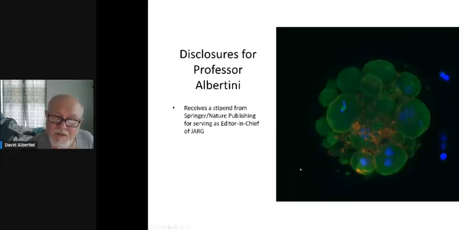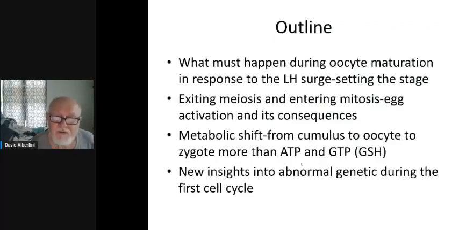The question we're going to explore in this lecture is really one about abnormalities in the fertilization process that contribute to poor development of the embryo, but also have probably an origin in the oocyte. And really, as we've alluded to in the previous lecture, there's a lot that must happen in response to the LH surge, okay?